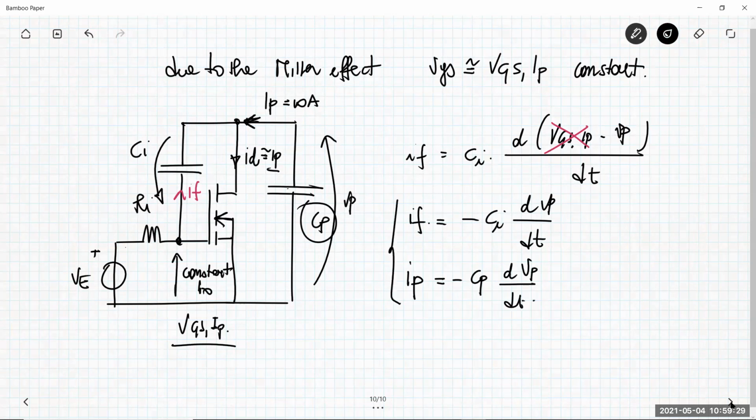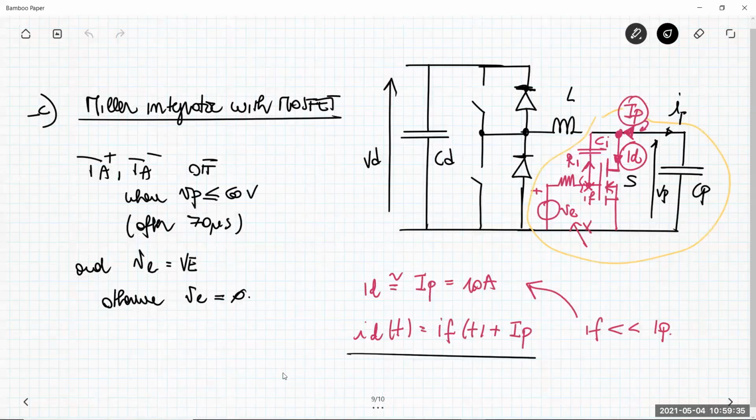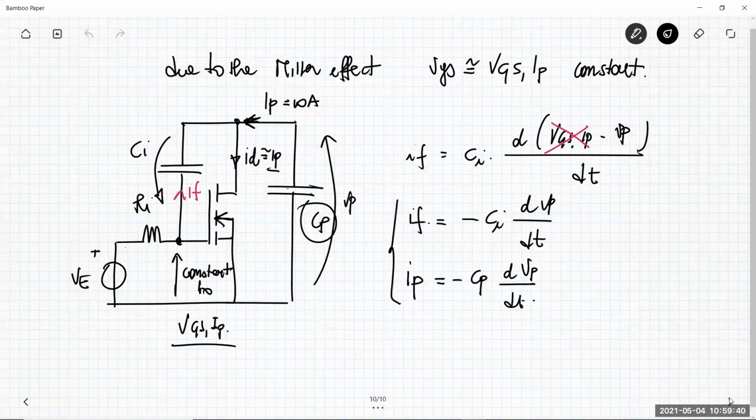So we have these two quantities. ID, as I said before, here is a summation between the two. And so I can see that ID is negative CI plus CP, dVP over dt.